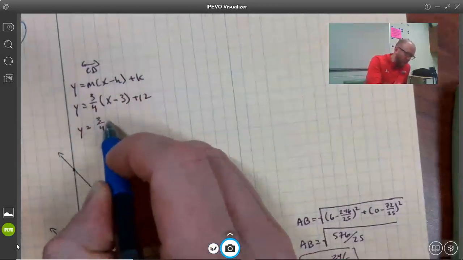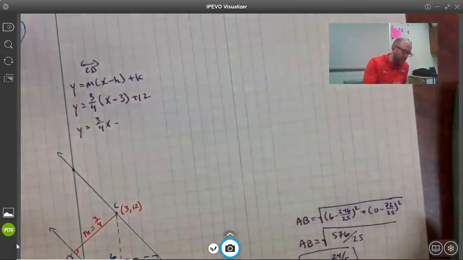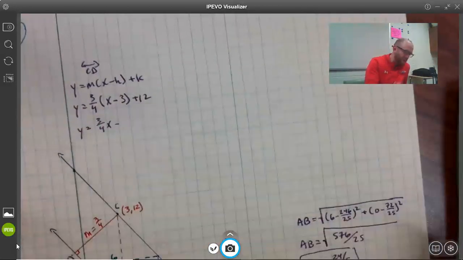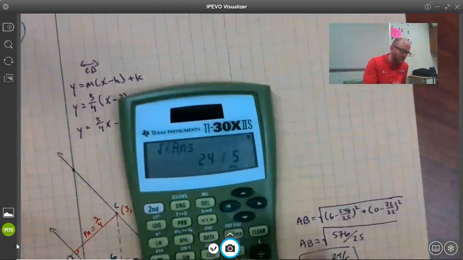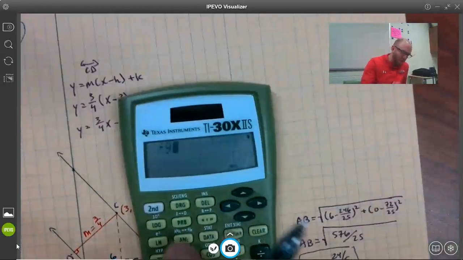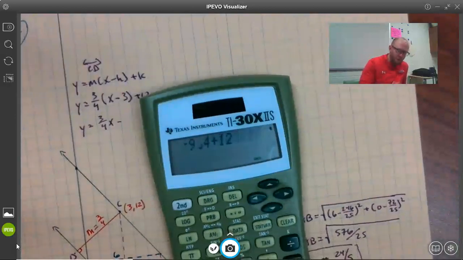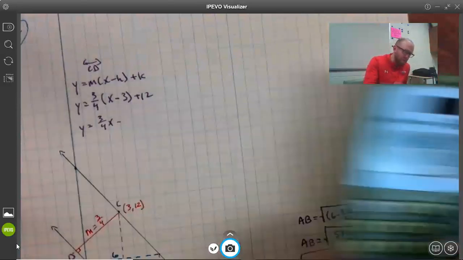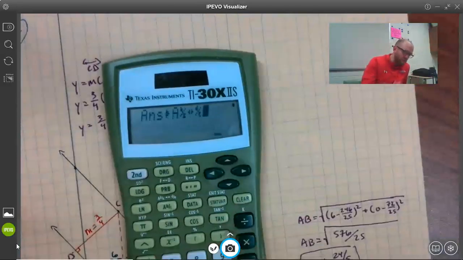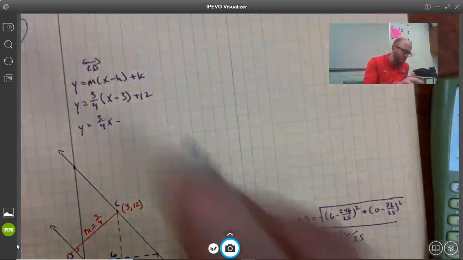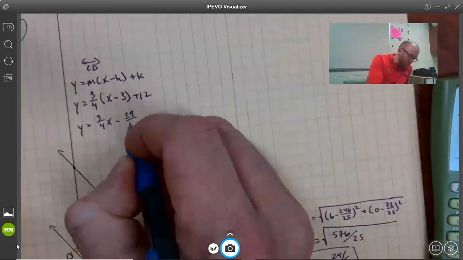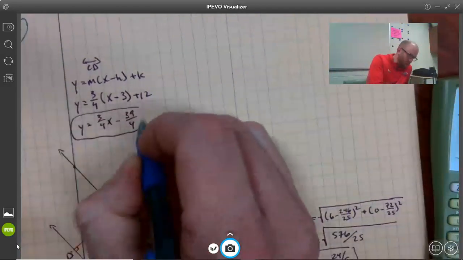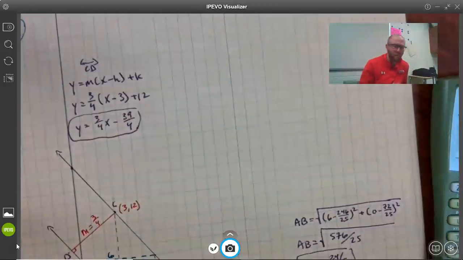Y equals 3/4 x minus 9/4 plus 12, which gives us 39/4. I just did my distributive property and added the 12 on afterwards.